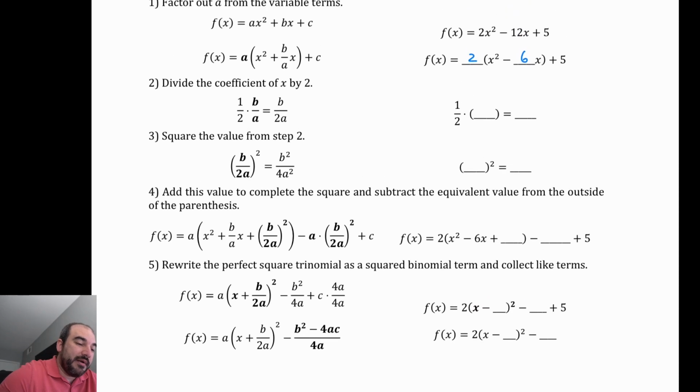How we do that is we have a very systematic approach. What we do is we find b over 2a just in this parenthesis. In this parenthesis, we have x squared plus bx. That's essentially the form that we have in the parenthesis, right? And there's no number in front of the x squared, so I don't have to write an a there.